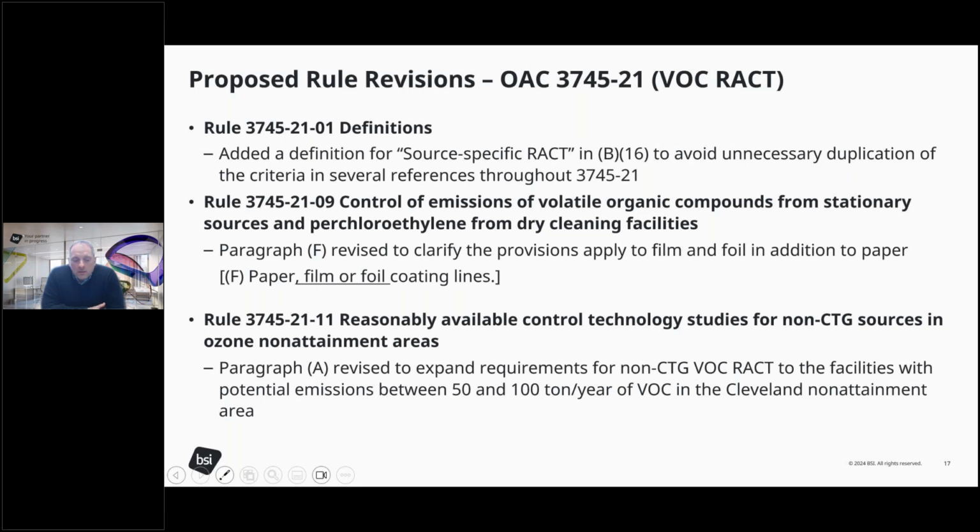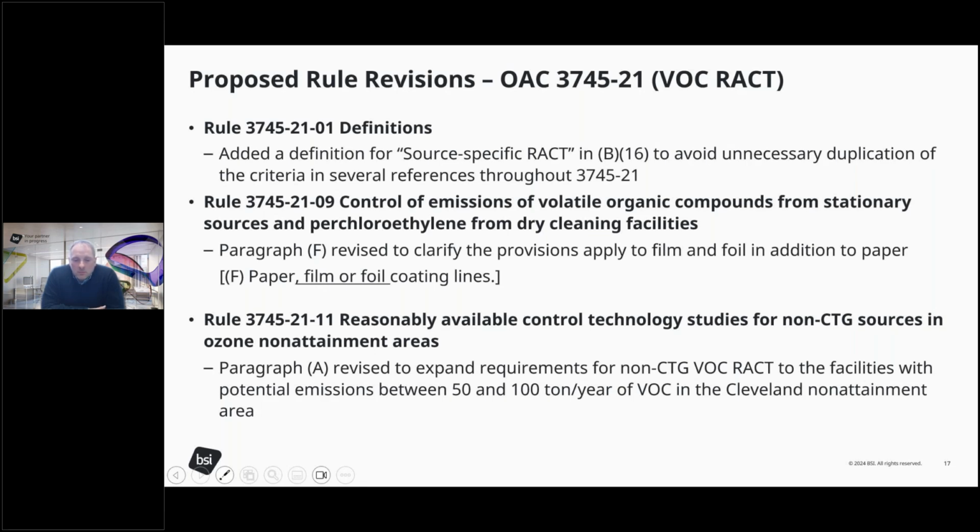One of the significant changes in Chapter 21 is revising the applicability threshold from 100 to 50 tons per year for potential VOC emissions for sources that are not subject to the CTG or the categorical non-CTG RACT requirements.